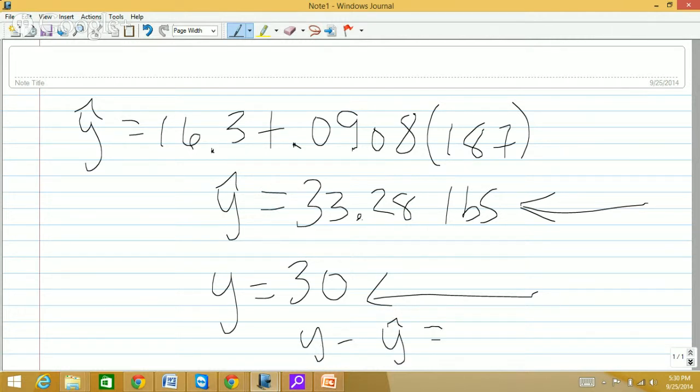So they're asking you to do 30 minus 33.28. Okay, and that of course is going to give you a negative 3.28. And I'm running out of room here because my fat finger makes it hard to write. Okay, but more or less the regression line over predicted how much that person could carry.